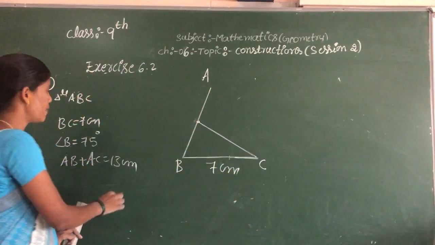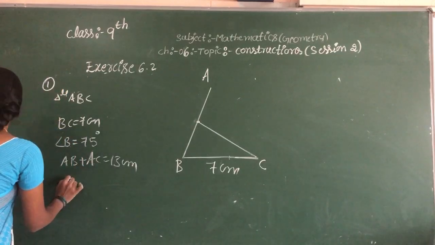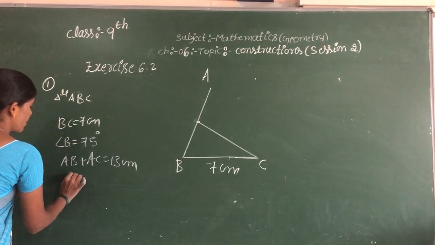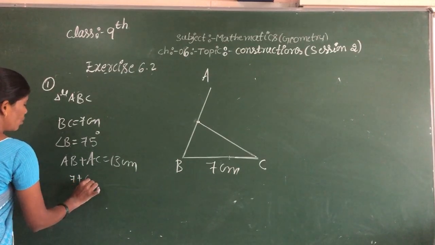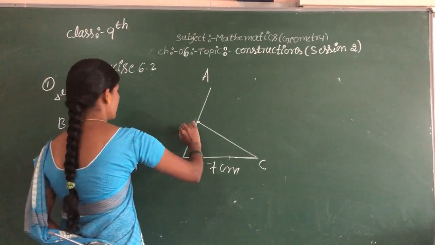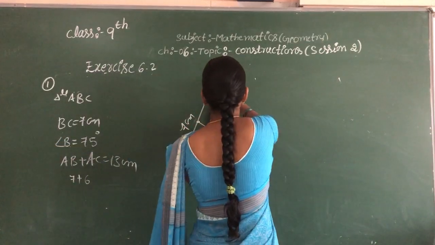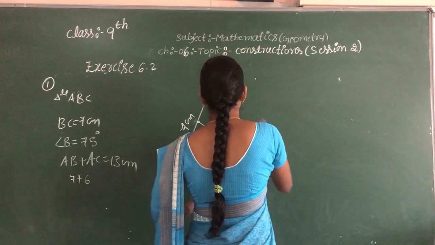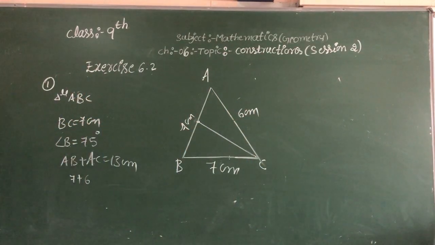So AB plus AC is equal to 30 centimeter means AB is equal to 7 centimeter and this is 6 centimeter. So 30. Okay. This is 7 centimeter and this is 6 centimeter. Okay, children, this is 6 centimeter.